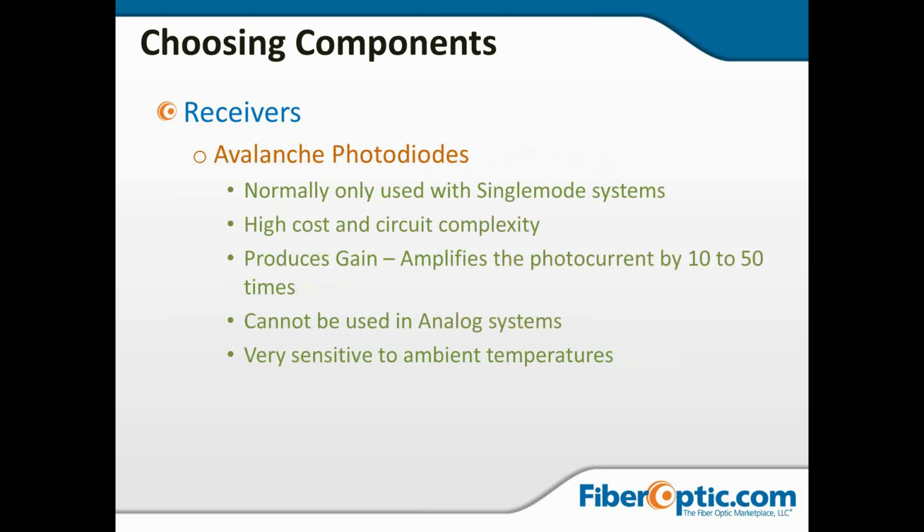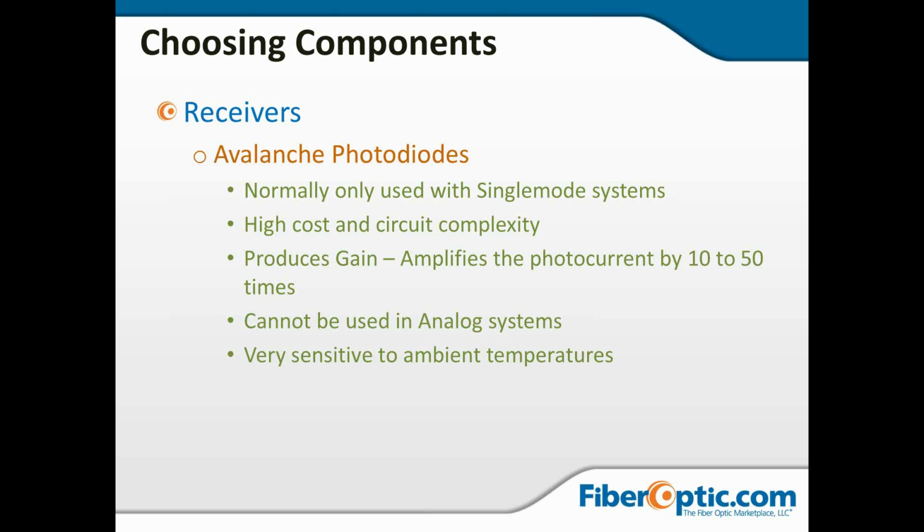The avalanche photodiodes are normally only used with single mode. There's a fairly high cost and circuit complexity. So the whole cost of the thing goes up. Produces gain. It amplifies the photocurrent by 10 to 50 times.